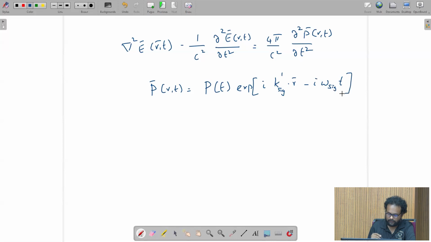Note, see carefully, I have denoted the wave vector and frequency of the polarization as k signal and omega signal, because the signal is what we are going to measure, the response of the material.